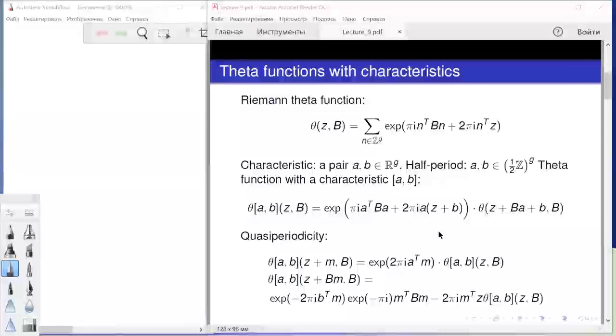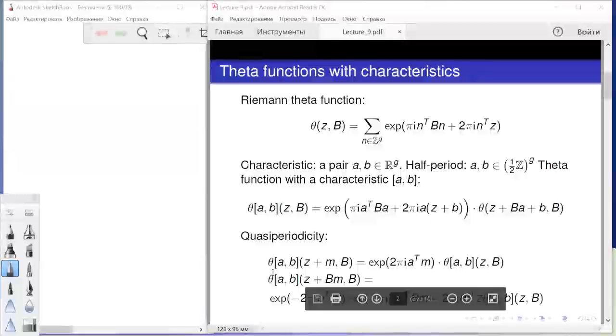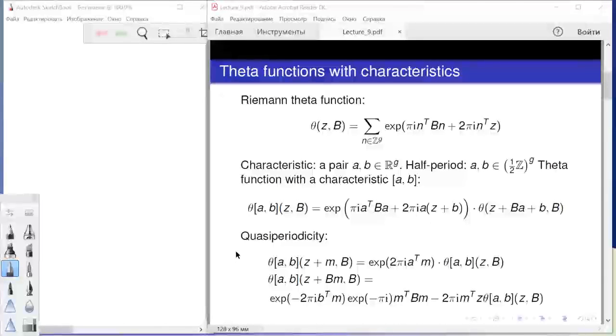And knowing this behavior, we can easily derive the behavior of theta functions with characteristics.